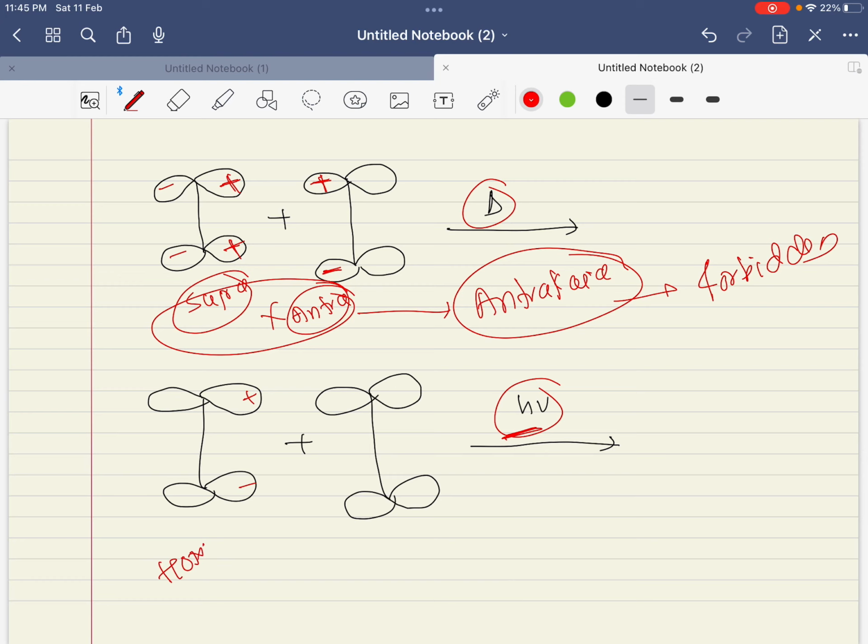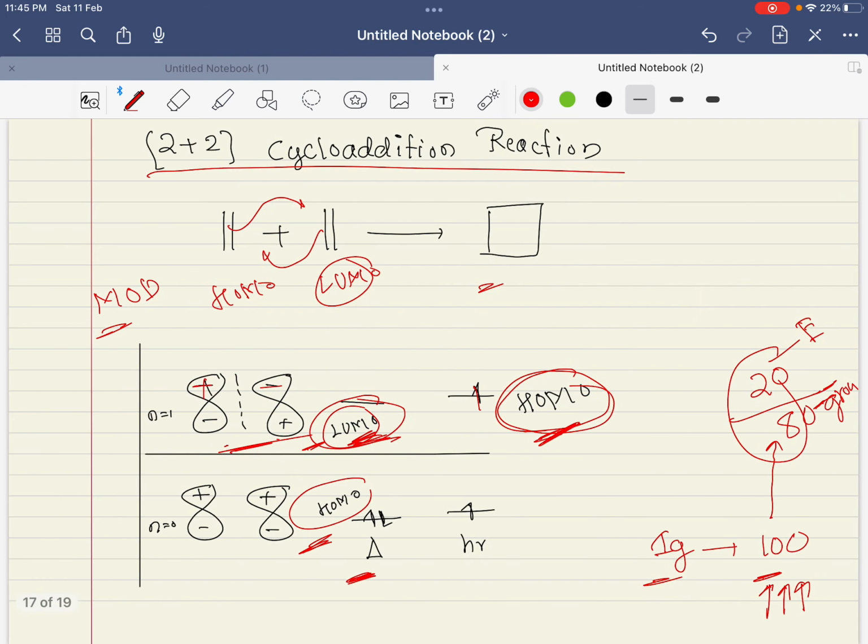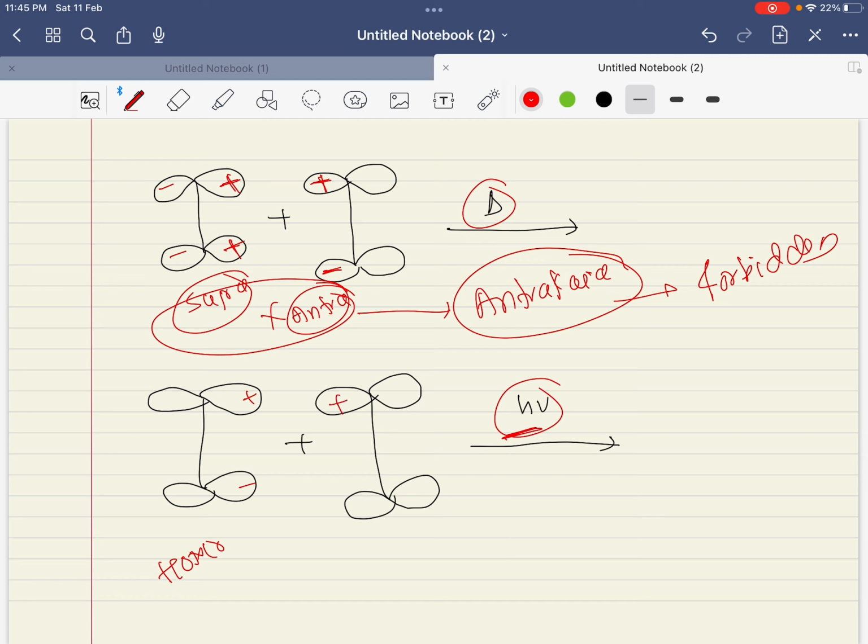This is the HOMO of the excited molecule, and LUMO we have to take the same thing. One is positive, one is negative. This is positive and this is negative. This is the LUMO of the ground state molecule.